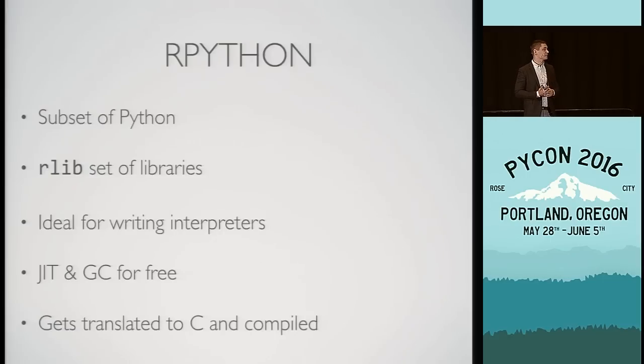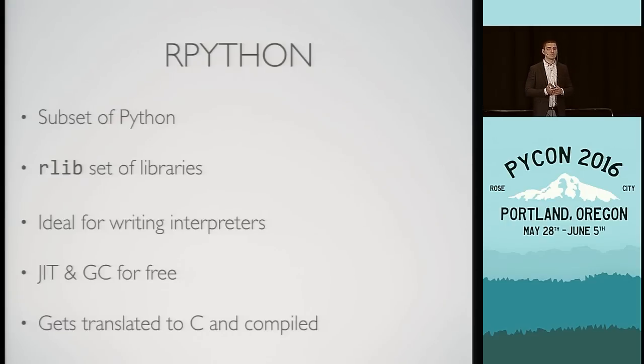So what is RPython? First of all, it's a language. RPython looks like Python, and you can actually run it as Python, but it has removed all the slow parts, which means we can compile it down to C code and make it really, really quick.